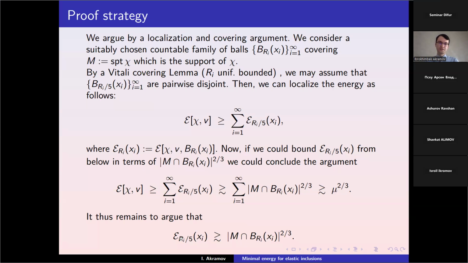Therefore it remains to prove that epsilon E(Ri/5, xi) is smaller than the measure of M intersected with B(Ri, xi) to the power of 2 over 3. So we need to show this in order to prove the lower bound.